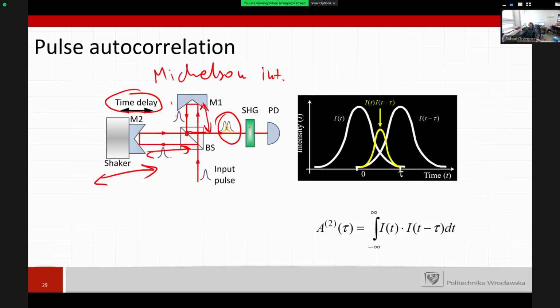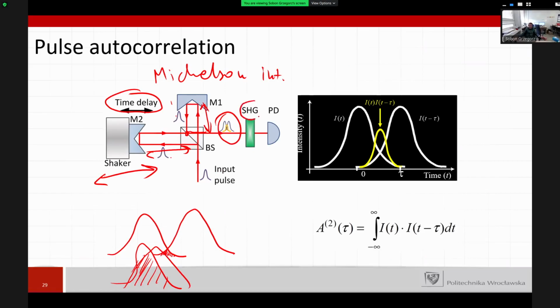So we will see the interferometric signal only in the case where the pulses were somehow overlapping with each other, right? If they overlap like that, we will see a lot of interference signal. But if the delay moves the mirror away from this overlapping of the two pulses, they will just miss each other and they will create no interferometric signal, right?